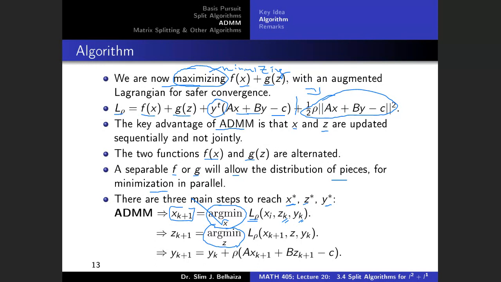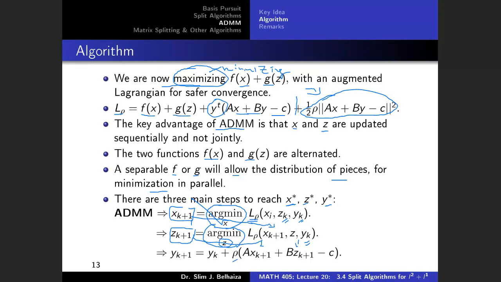You will take this xk you just obtained, and you put it here. So now you are working on minimizing what? Rho, but z is the variable for the minimization or maximization. yk is still the same as initially preset. So once you got the new zk plus 1, you take both xk plus 1 and zk plus 1 and you insert them here. Okay?